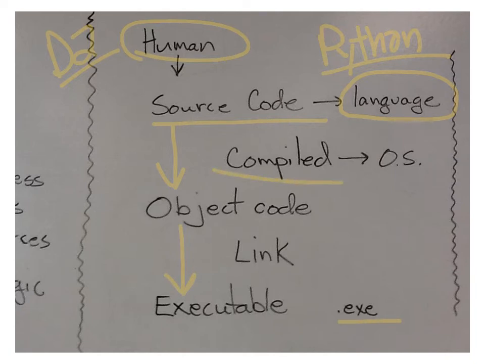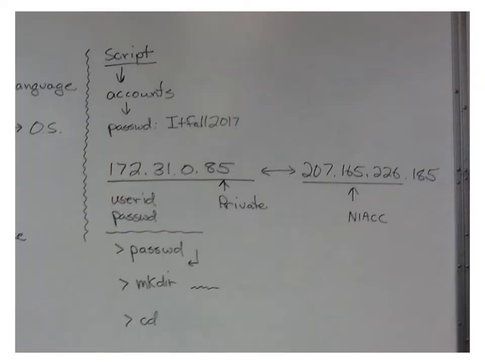We talked about the compiler compiling based on an operating system. If you recall the previous picture, the operating system talks to hardware and software talks to the operating system. So you compile it based on the operating system into object code, and then you link in libraries to get an executable code, which is what the computer executes.